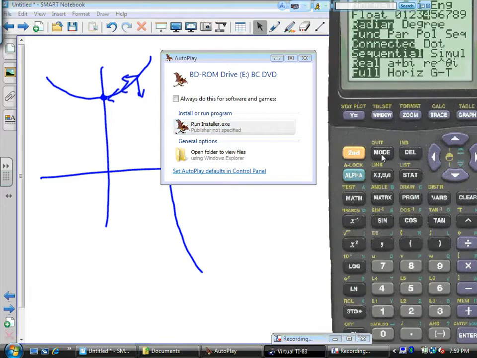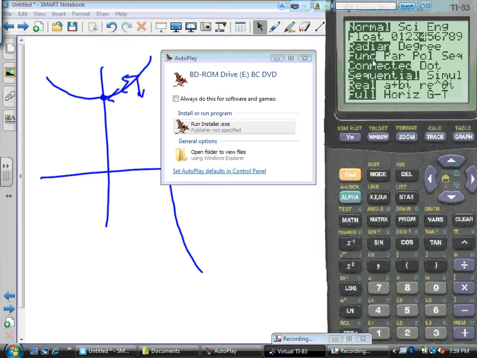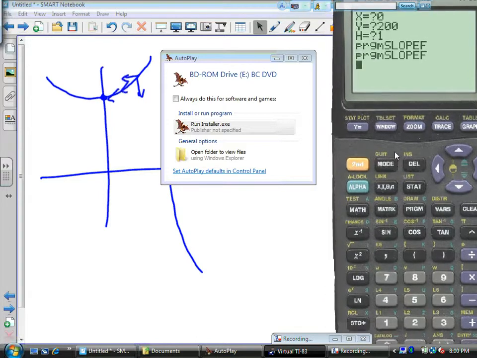Mode. And then where it says float and stuff, you arrow down until you get to 4, you hit enter, you got fixed 4. Then all your answers get automatically rounded off to 4 places. That's all that is. If you already have, you probably already have that, right? Yeah, I already had it. There you go.